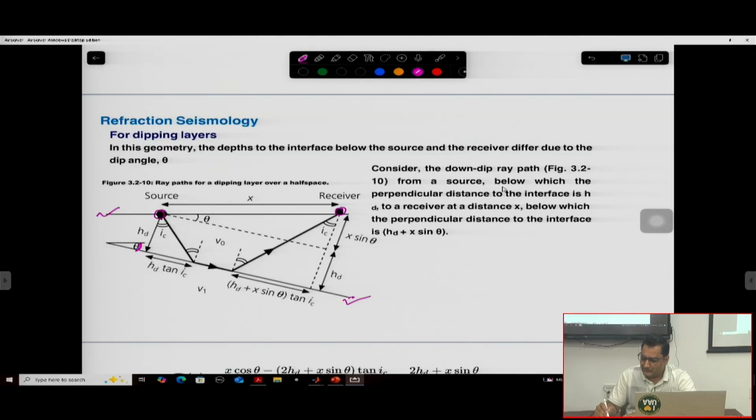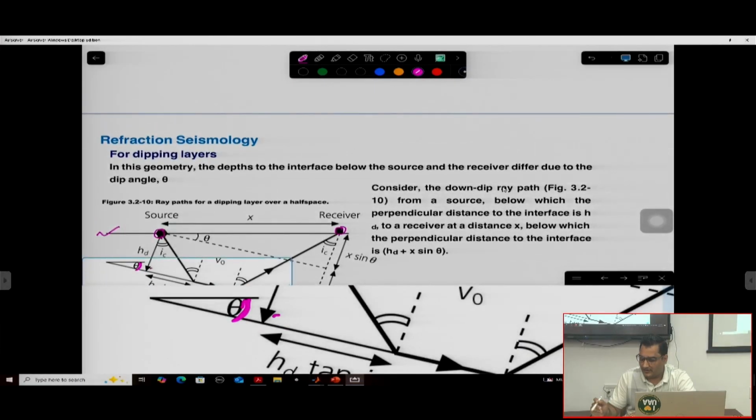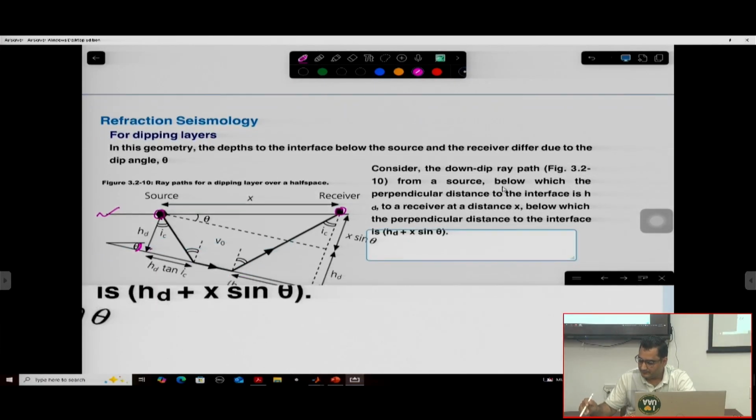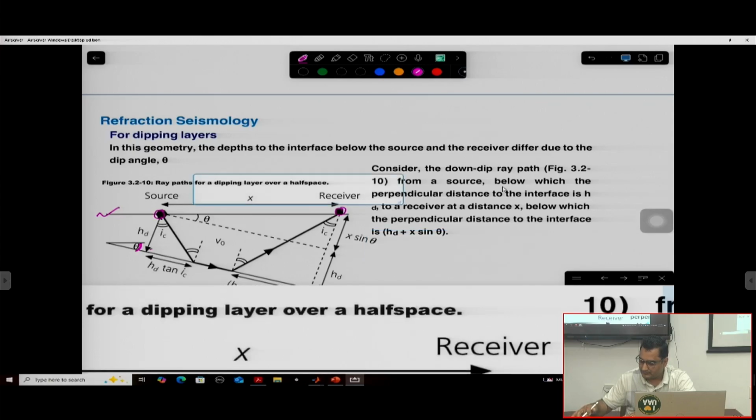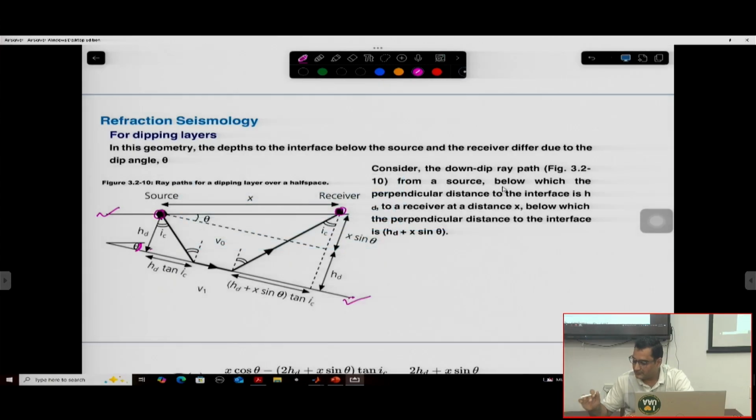The perpendicular distance from the source to the dipping interface is HD, sorry, this is HD, and the perpendicular distance from the receiver to the interface is HD plus x sin theta. You can see it should be like this.